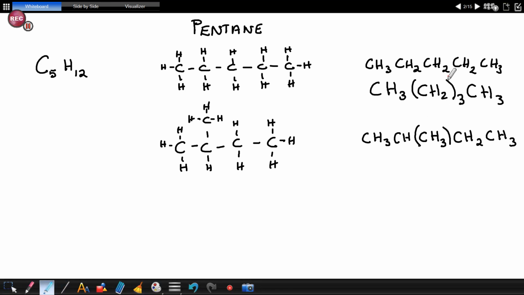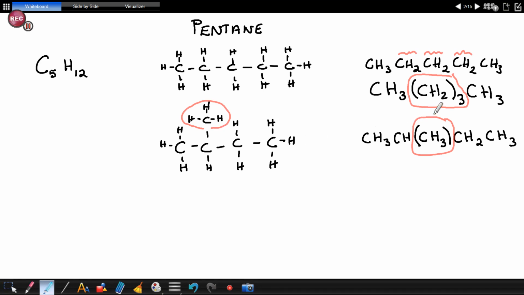This is not a side chain. This refers to these 3 CH2 groups. Can you see that? Yes, ma'am. But in here, this part is this part. That is a side chain, a functional group.